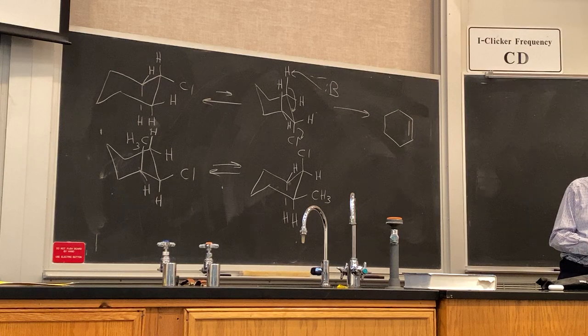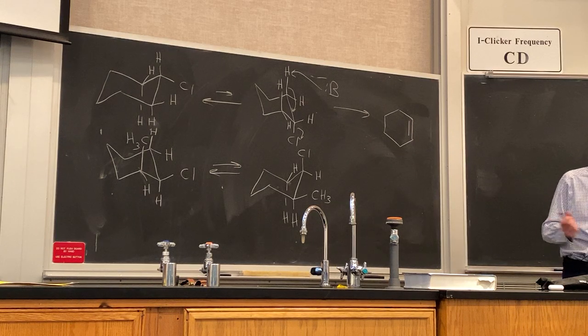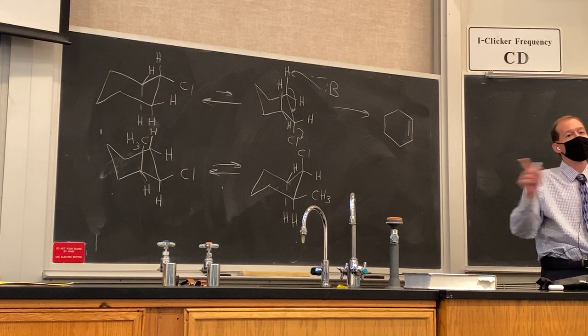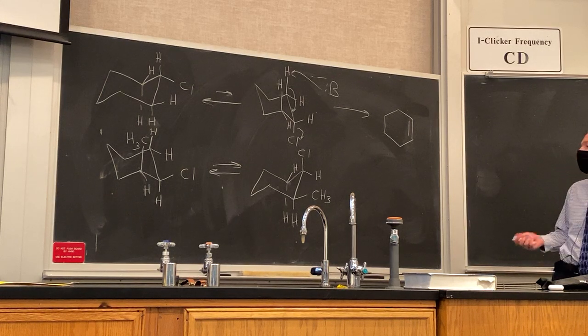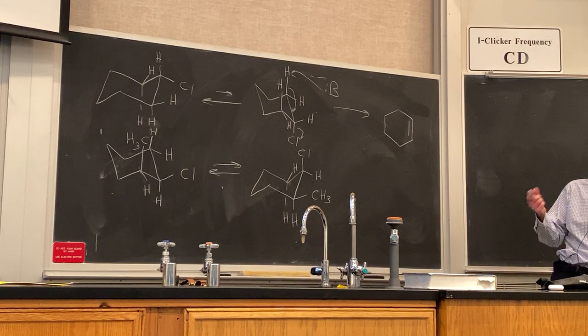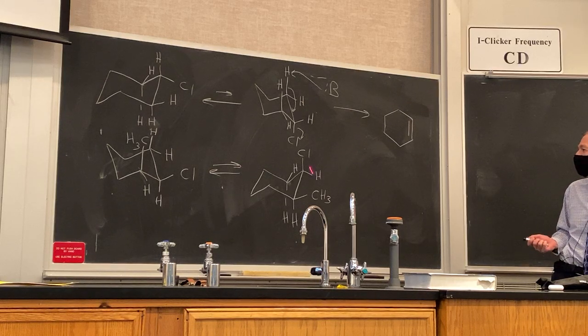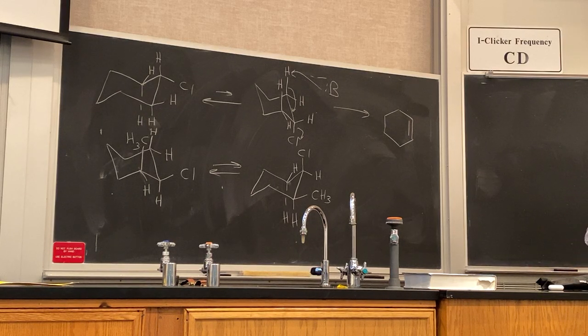That's not necessarily a straightforward question to answer because chlorine is a bigger atom than carbon. But because the methyl group has the 3 hydrogens pointing out in different directions, the methyl group is bigger. The A value for the methyl group, the amount of energy it costs to have it axial, I think is 1.7. To have a chlorine axial, it's less than 1. It's about 0.6, if I remember correctly. So indeed, the one on the right is going to be lower in energy.